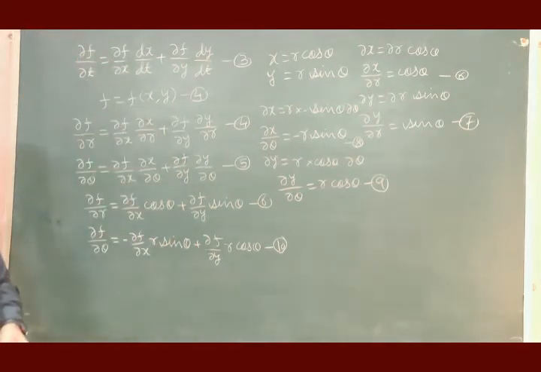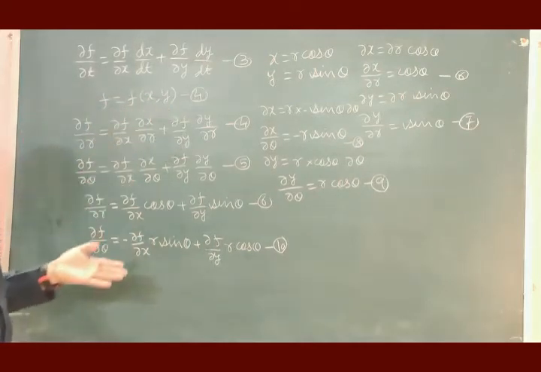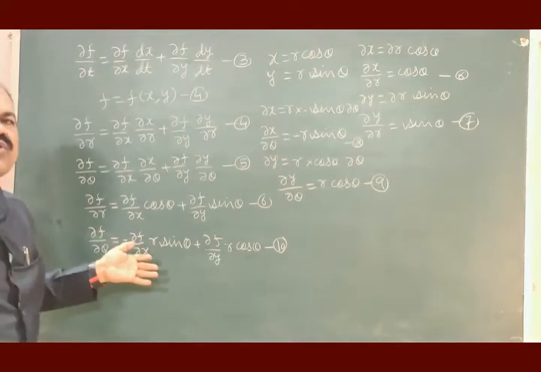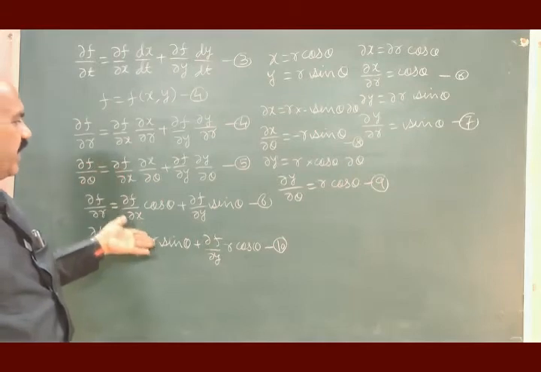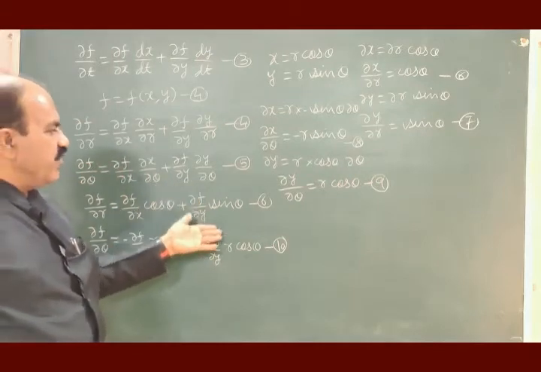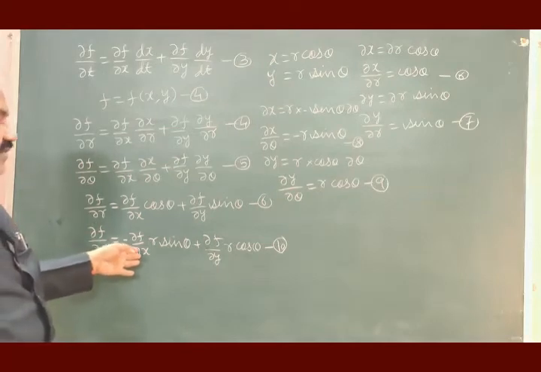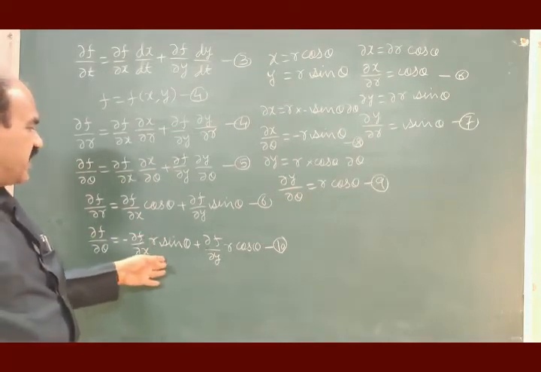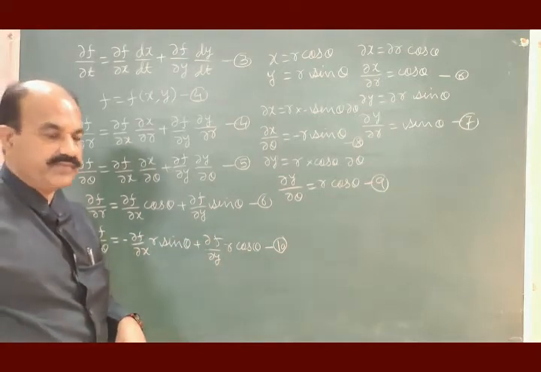Doing all these manipulations for this composite function, what finally we got is dou f by dou r is equal to dou f by dou x cos theta plus dou f by dou y sin theta, and dou f by dou theta is equal to minus dou f by dou x r sin theta plus dou f by dou y r cos theta.